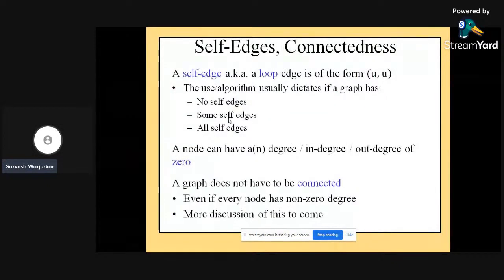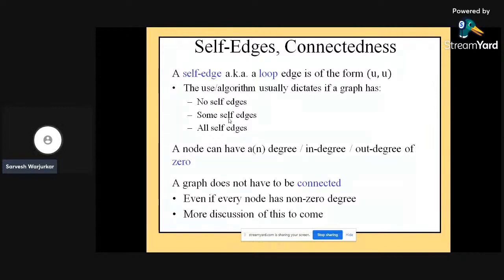Self edges and connectedness are again a different part, where a self edge is also known as a loop edge, where it starts from the same vertex and ends on the same vertex, like this. No self edges, some self edges and all self edges: such types of graph can also exist. A node can have a degree, in degree and out degree of 0, of course, and a graph does not have to be connected.